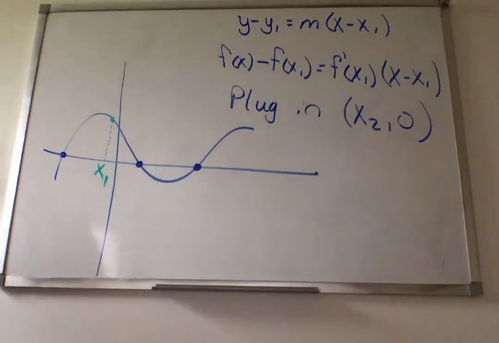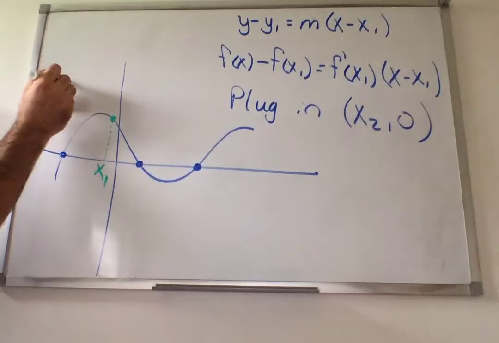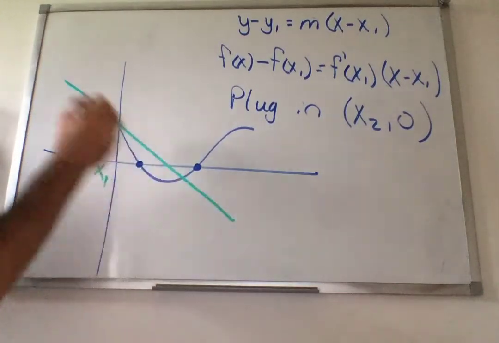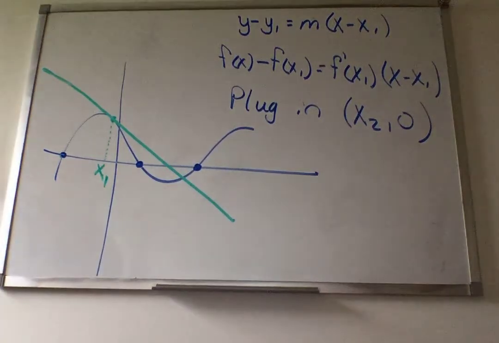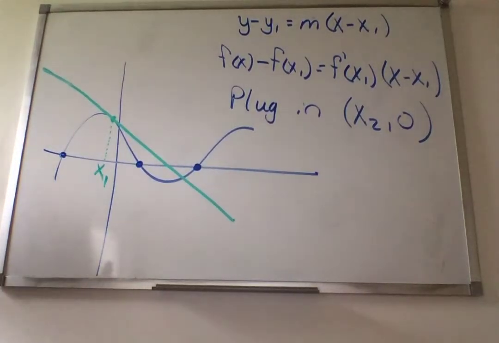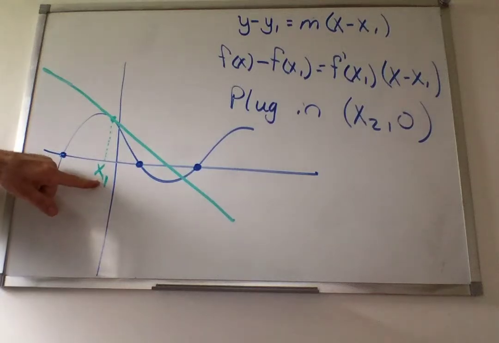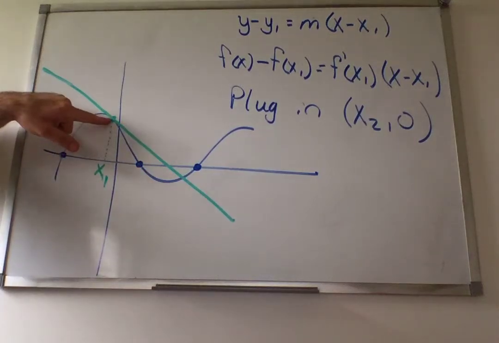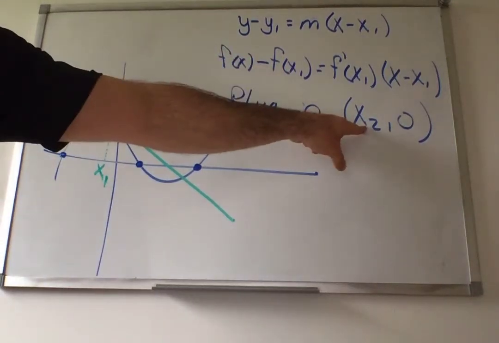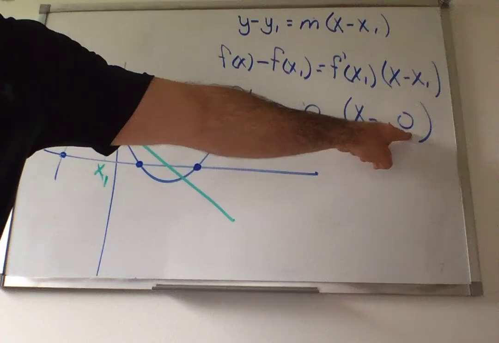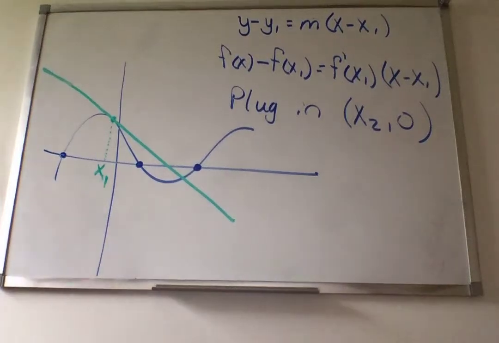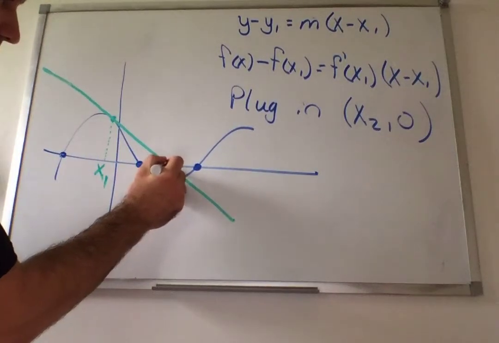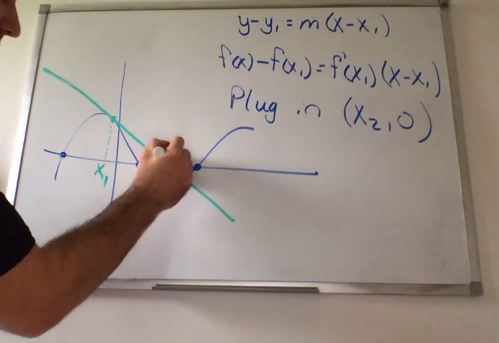And now let me draw the tangent line to it. So there's the tangent line. Now, here's what Newton's method is doing. You start at an x1, and then at some x2, we don't know what this x2 is, the line is going to equal 0. So that means we're just finding the x-intercept of this line, which happens to be right here. So this would represent x2.